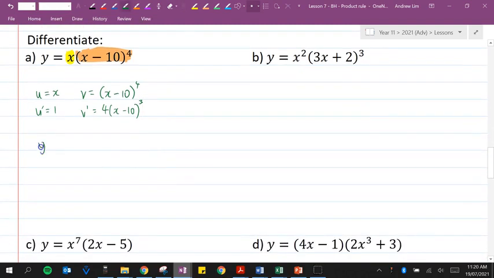So that means y dash is equal to vu dash plus uv dash. vu dash, I'm going to times these two together, which is just x minus 10 to the power of 4, plus uv dash, I'm going to times these two together.